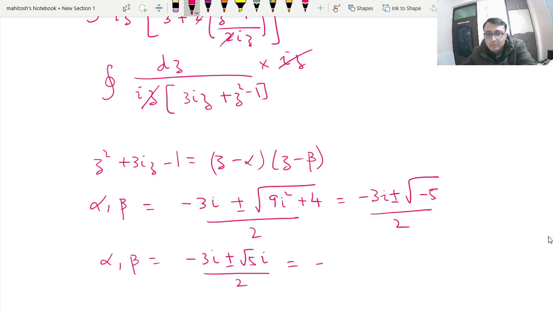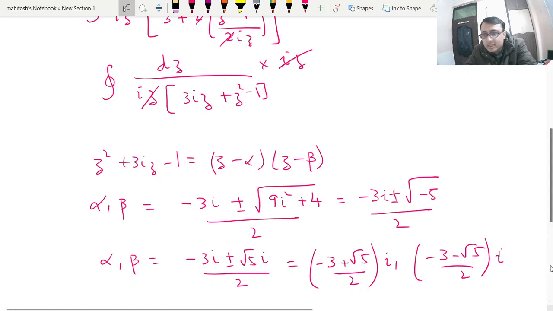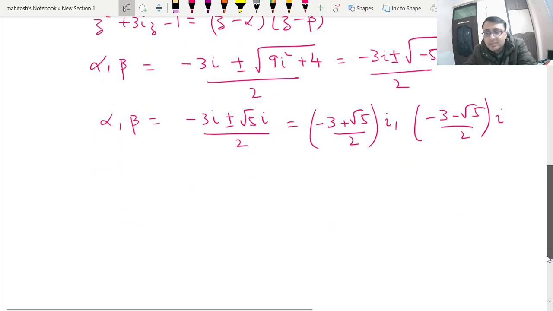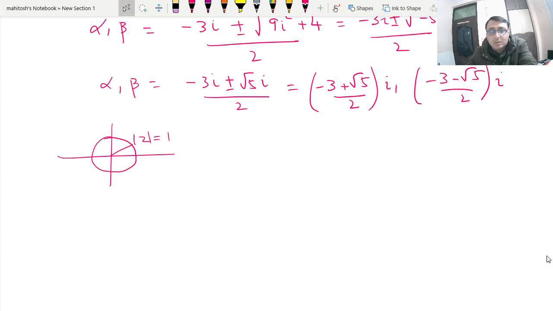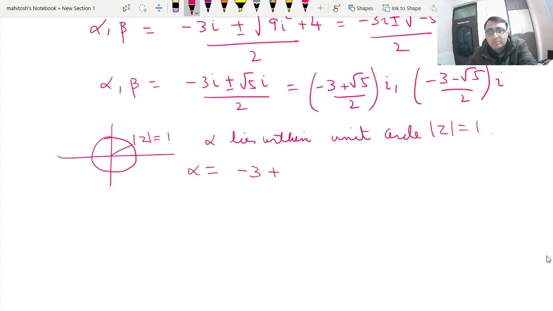First we get this as one of the roots alpha, and now it's abundantly clear that alpha lies within the unit circle. If we draw the unit circle, mod z is equal to 1, alpha lies within the unit circle, mod z is equal to 1. And we choose alpha as minus 3.